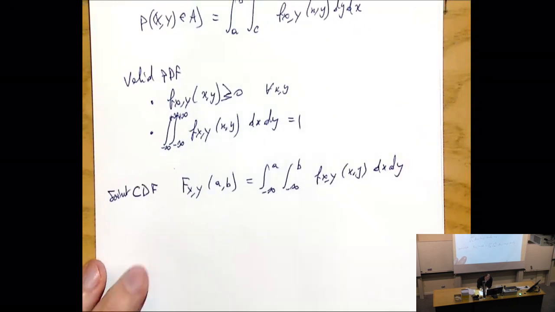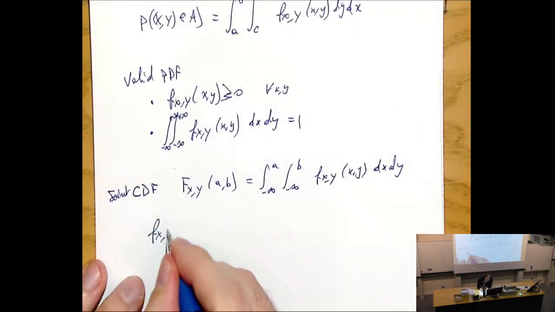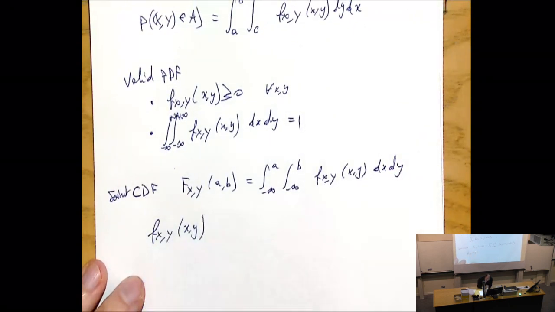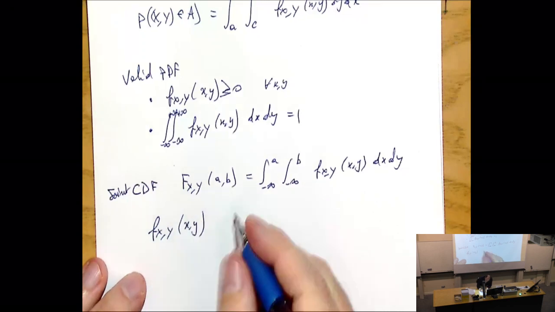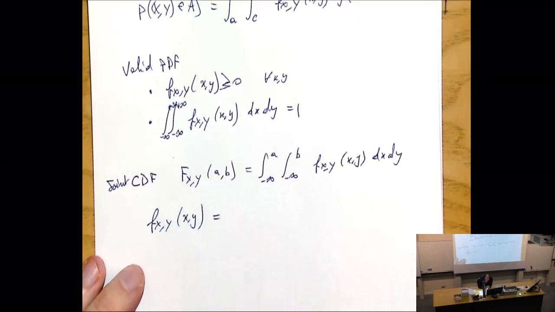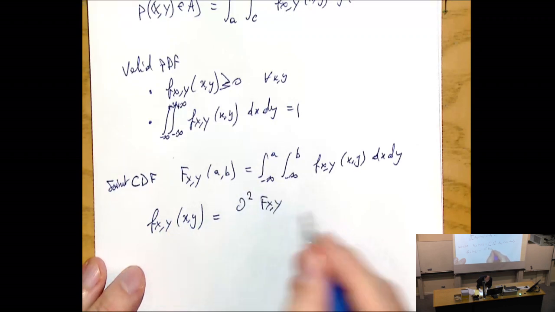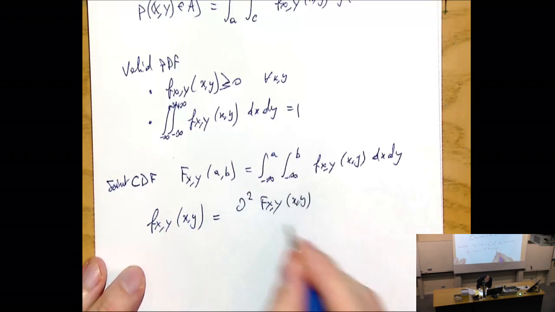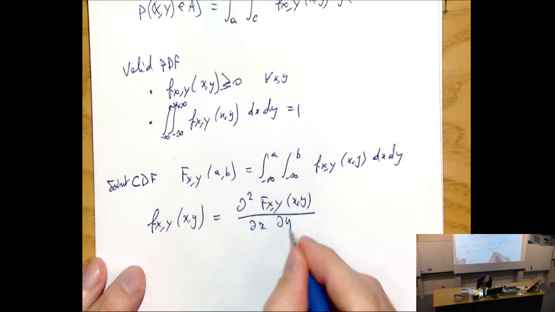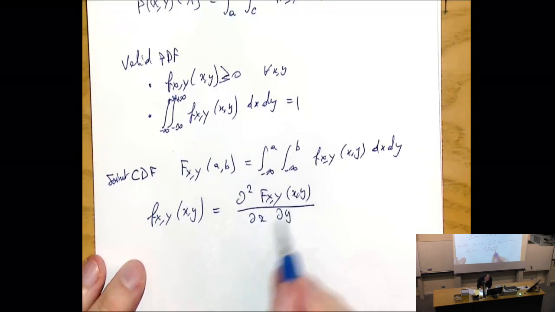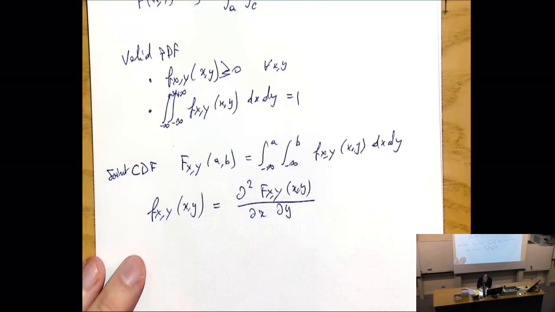And now I can obtain the joint PDF from the derivative of this joint CDF, but now I'm taking a second-order partial derivative with respect to x and with respect to y. By doing so, assuming that the derivative exists, you can obtain the joint PDF.